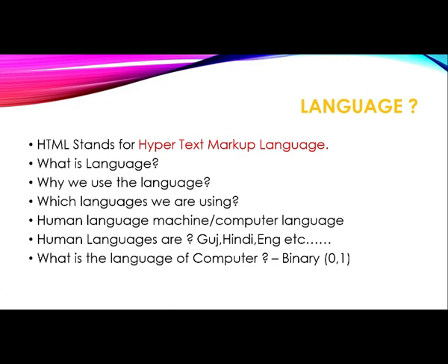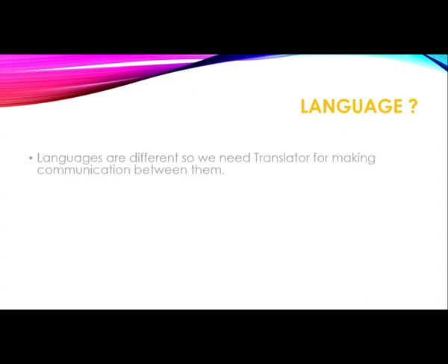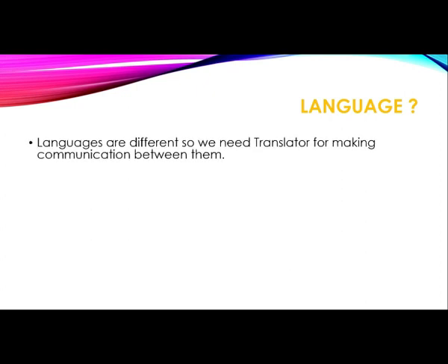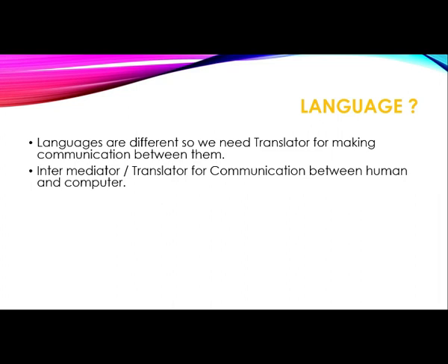We understand Gujarati, Hindi and English, and the computer understands 0 and 1 only. So, as the languages are different, we need an intermediator or translator for communication between human and computer.